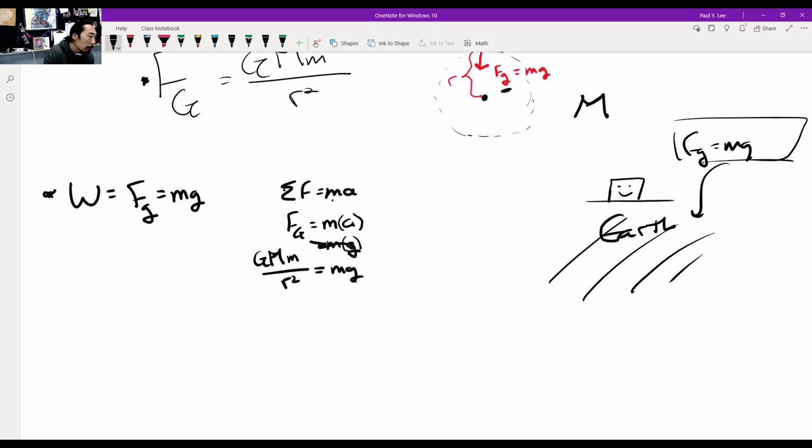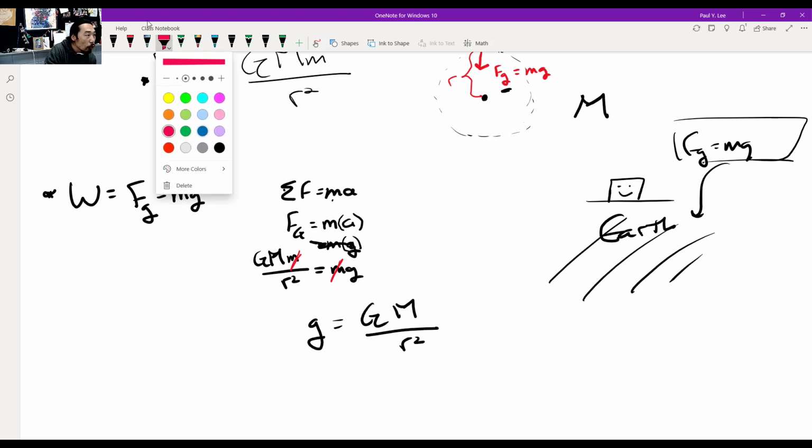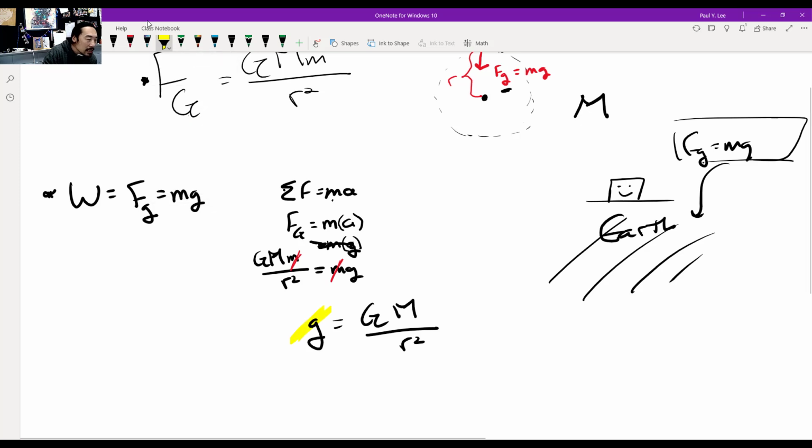Now, if we do a little bit of algebraic manipulation, a couple of variables cancel out. That m, which is the m of you, and that m, which is the m of you, because they're the same variable, they cancel out. So that gives us g is equal to G, capital M, all over r squared. This is unique because this formula tells us the acceleration due to gravity for any single planet.